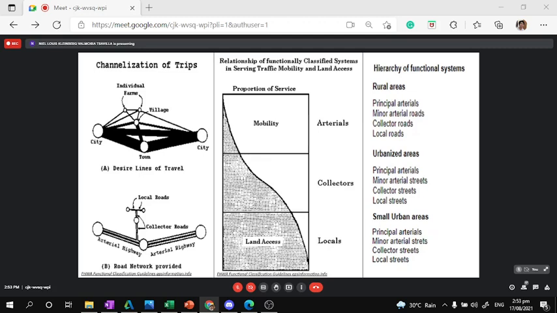And then sa urban area, ang tawag sa kay principal arterial or highway, minor arterial streets, collector streets, local streets. So notice yung apelyido or ngalan is basically streets. Okay? Then sa small urban area or what we call a suburban area. Ano man ang mga suburban area, ma'am? Gawas na siya sa sentro. So example, Bugo, Swagan, Lumbia, Pagatpat, na siya mga suburban.